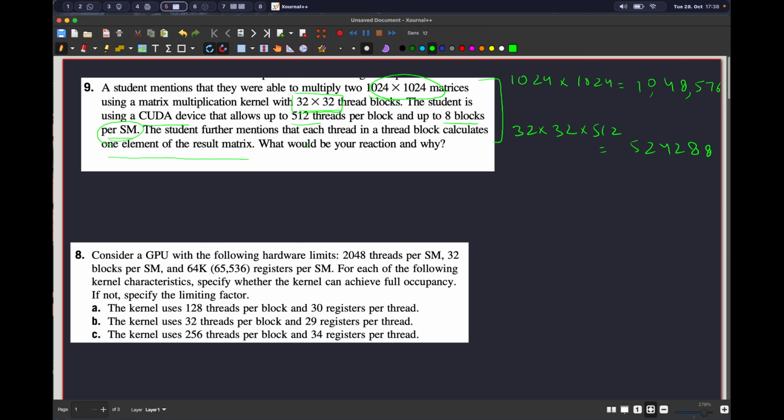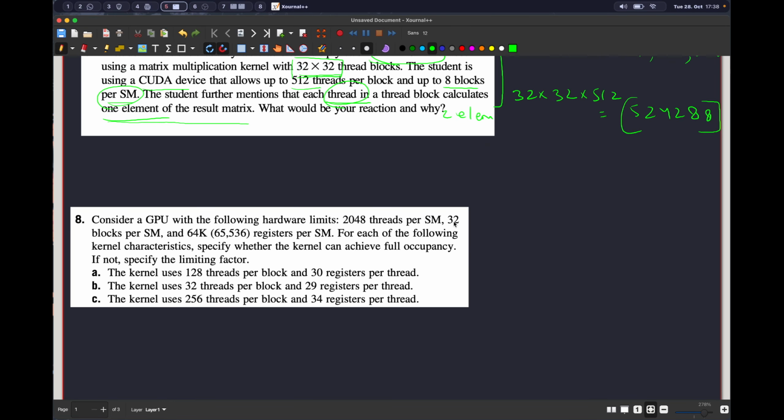Since we are already given that each thread calculates one element of the result matrix, we have only half of the threads available. So in this case it is not possible, and the student needs to check their solution again. But if it was written that each thread calculates two elements in the result matrix, then it would have been possible. Moving on to the second one.